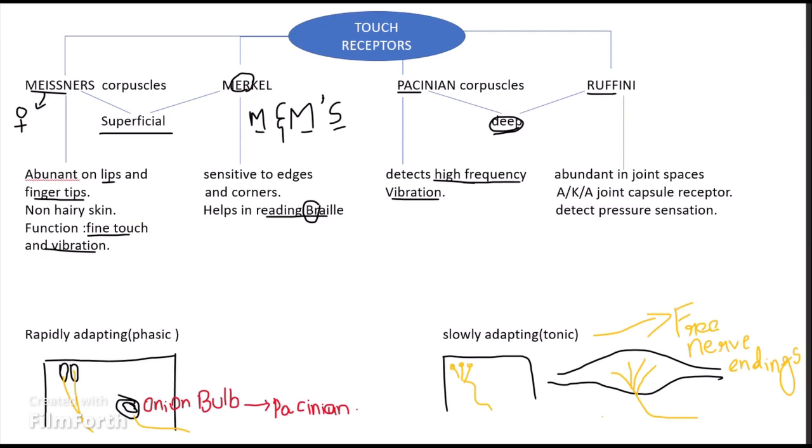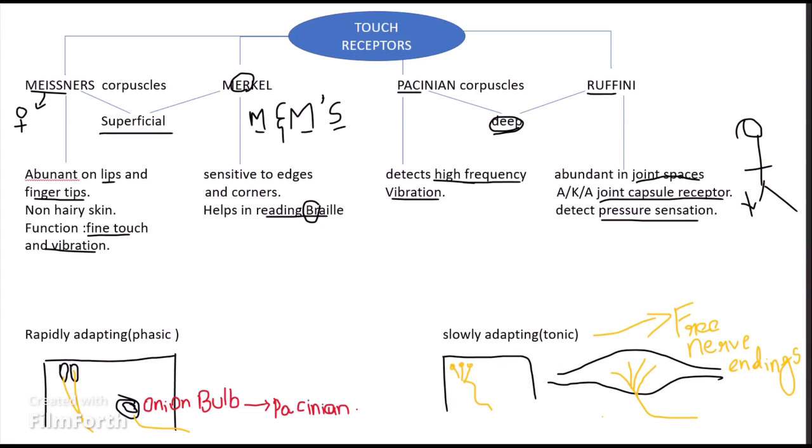Ruffini. For Ruffini, we have the word rough. So abundant in joint spaces, and since it is present in joint spaces, it is also known as the joint capsule receptor, and it detects pressure sensation. When we stand, pressure falls on knees. We know, no? When we stand, pressure falls on knees.